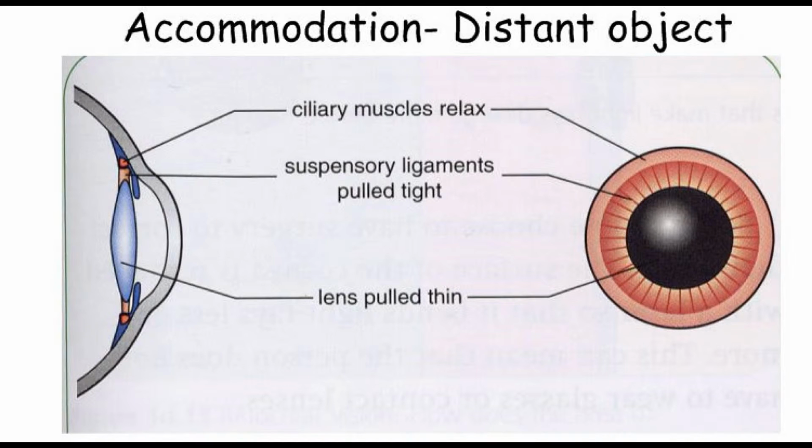For this to happen, the ciliary muscles will relax. As they relax, the front of the eye will widen. This will put tension on the suspensory ligaments, which will be pulled tight. The lens will be stretched out into a thin shape. It is now the correct strength to focus the light on the back of the eye.